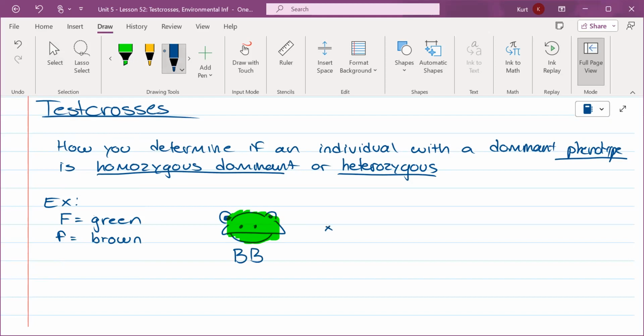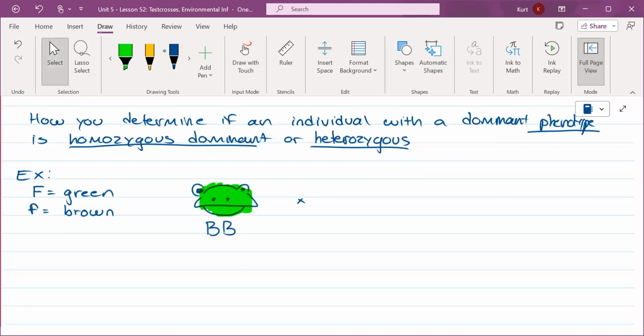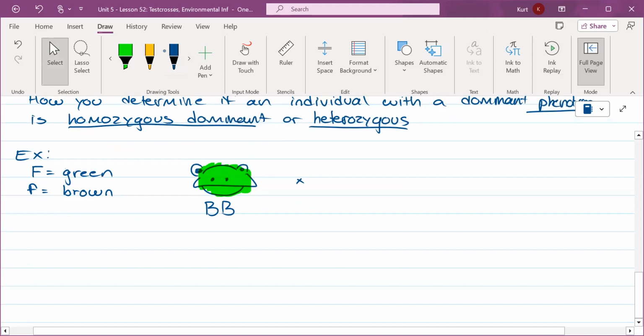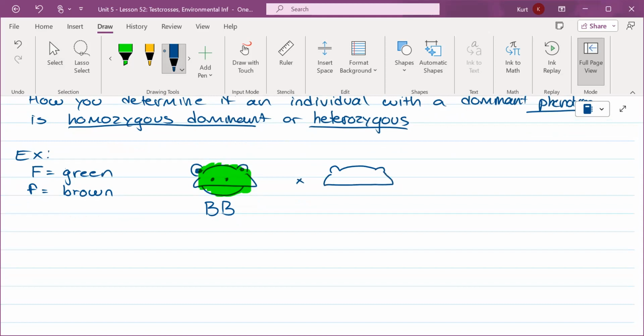I want to breed my frog with another homozygous dominant frog. And so there's this shady frog dealer, and he has a frog of the opposite sex that I can breed mine with, but I have to buy it. Now, my eyes are working just fine, and I can see that this frog is green. But what are the two genotypes that this frog could be, knowing that green is dominant, brown is recessive? Can you tell by looking at it? No.